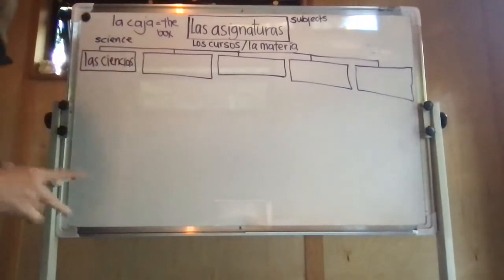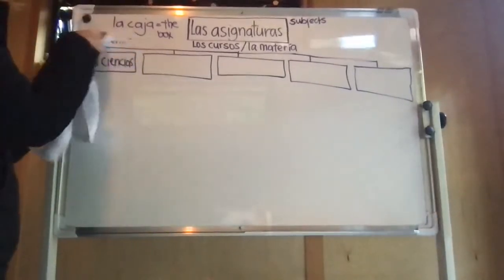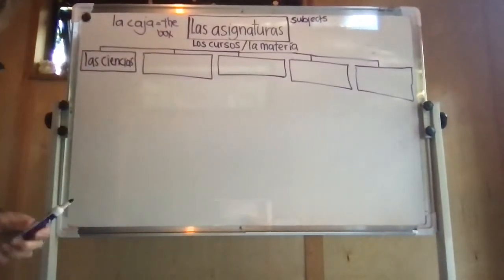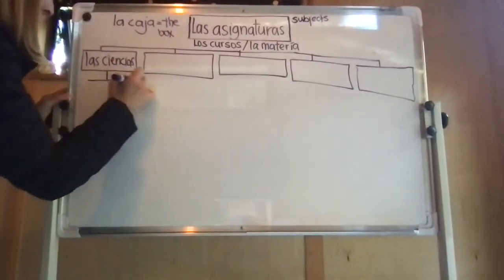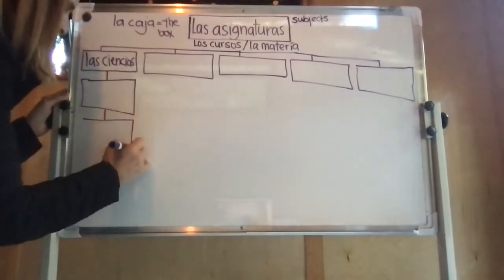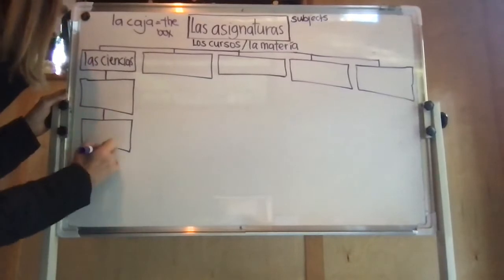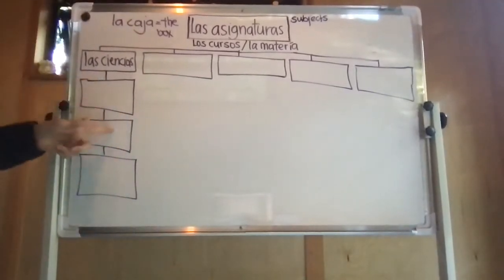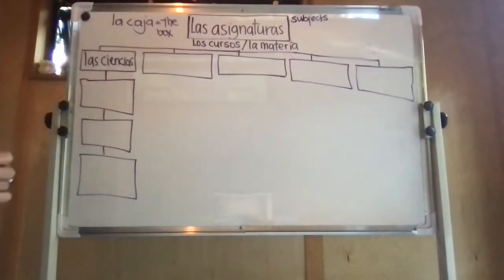So las ciencias, the sciences. And underneath, we're gonna have los cursos that go under las ciencias. So tres cursos. There are 3 courses that we are going to learn for las ciencias. Entonces, yo dibujo 3 cajas.